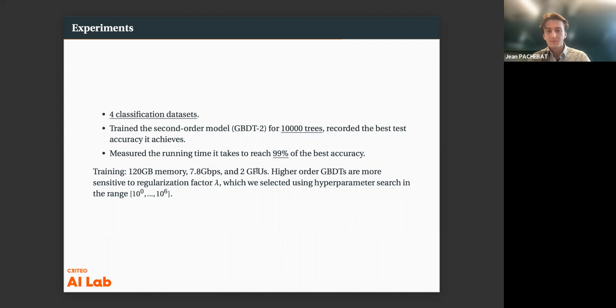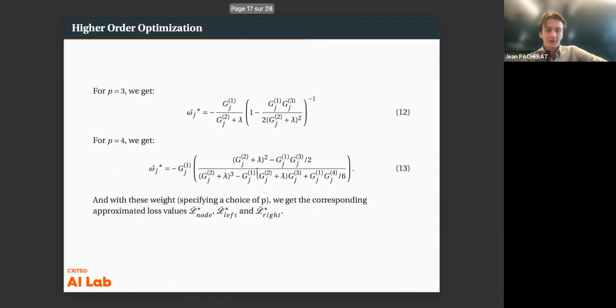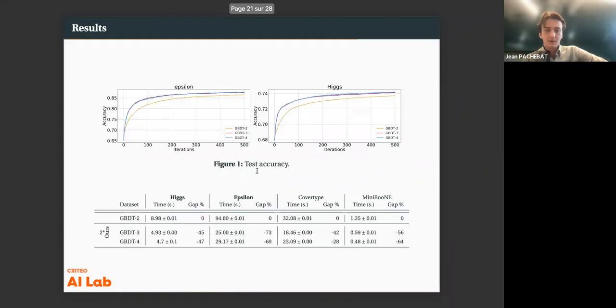Maybe a related point. As well as being faster, I would expect your trees are going to be smaller. Have you got some feel for how much smaller? I don't have the numbers here, but on the plots, each iteration corresponds to building a new tree.